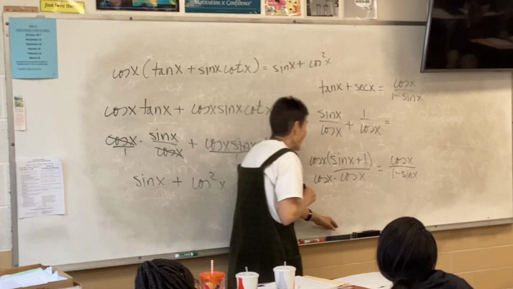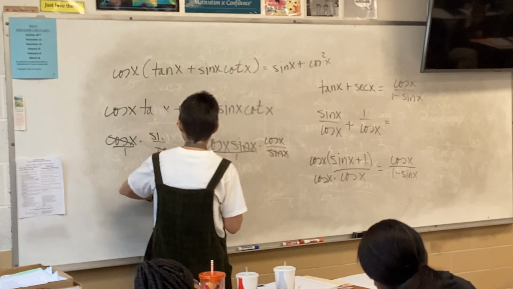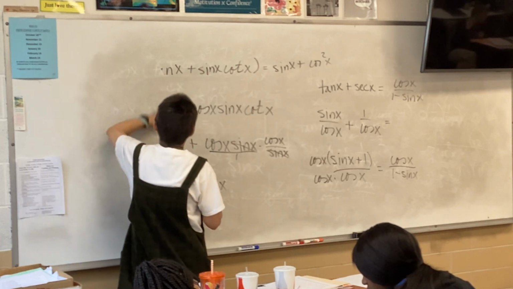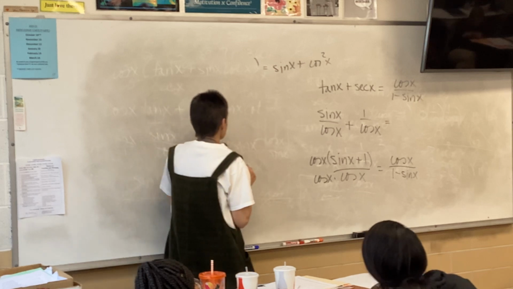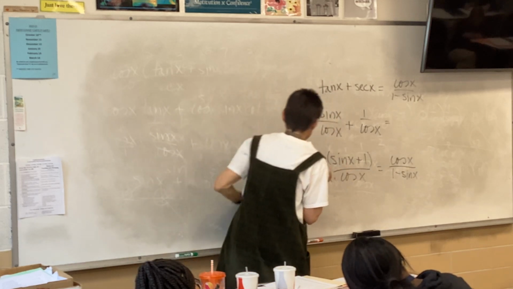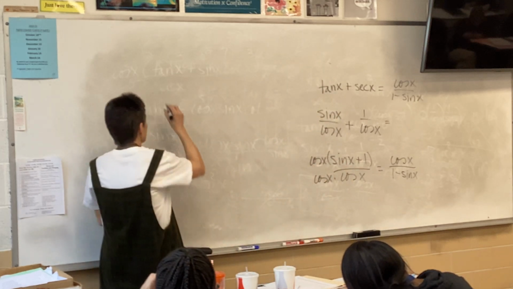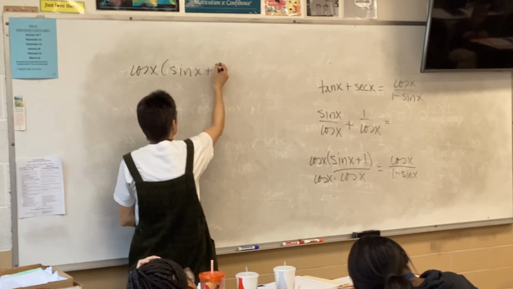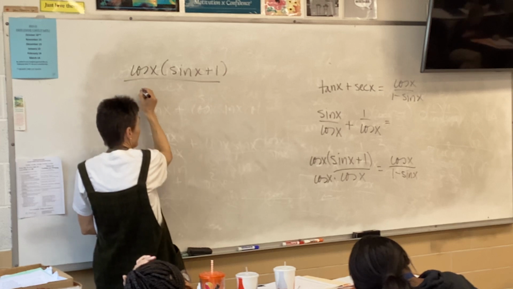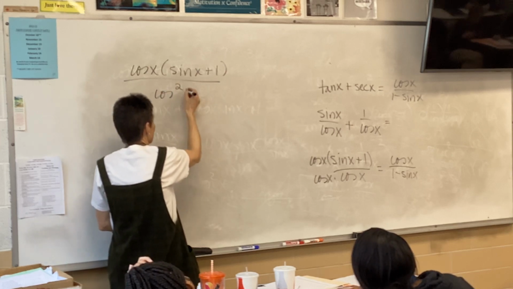I know now you're thinking, well, Mrs. Ford, now it looks even worse. Focus in. I know this is exciting and fun. But I have cosine times sine plus 1 over cosine squared.